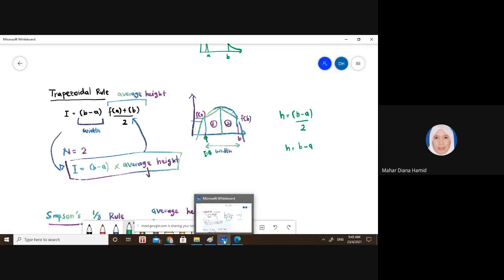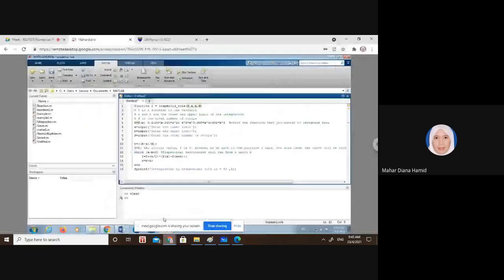However, as we move from A to B, so this is this line here, while in bracket A minus B is less than or equal to 0.